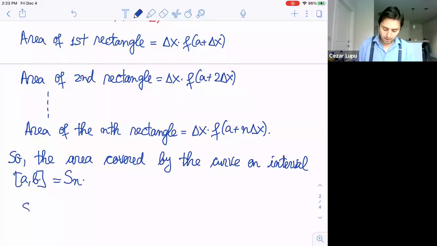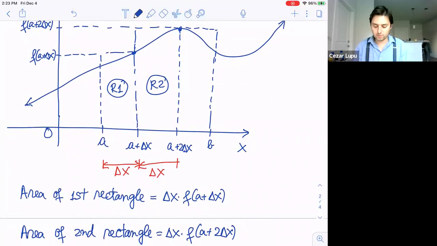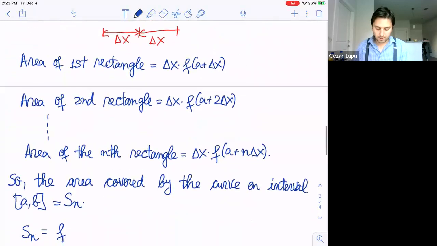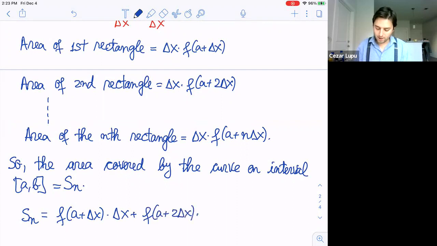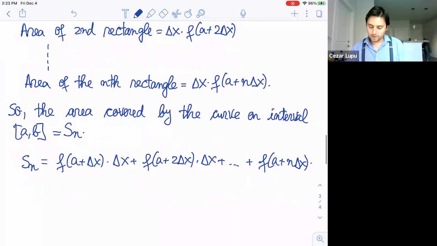And we have that S sub n is nothing else than just, we add the areas of R1, R2, R3, and so on. So this would be f of a plus delta x times delta x, plus f of a plus 2 delta x times delta x, and we keep going, and so on. And the last one will be f of a plus n delta x times delta x.